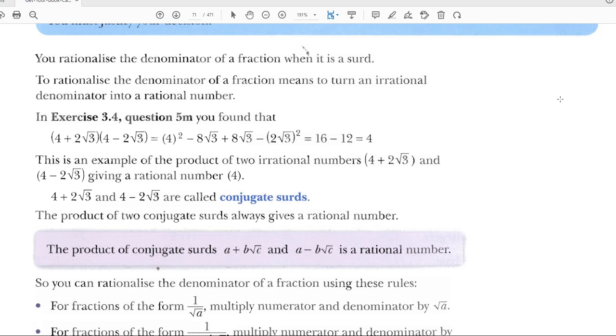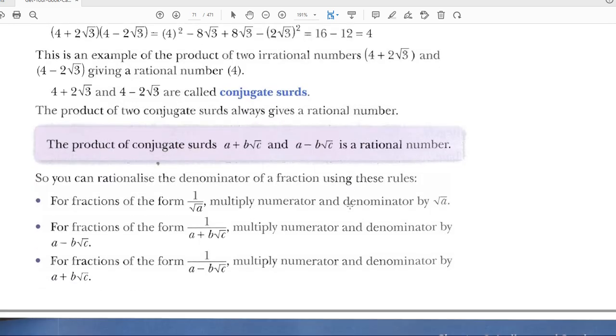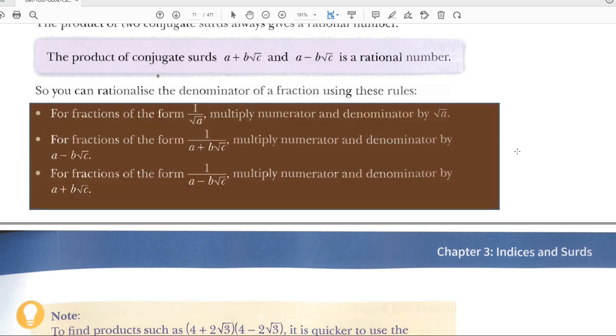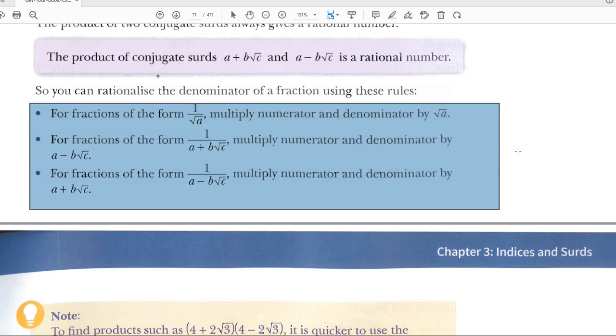Exercise 3.4 question 5 part M, you found that whenever you multiply 4 plus 2 root 3 and 4 minus 2 root 3, the answer is 4. Now you can see these 3 points. For fractions of the form 1 upon root a, multiply numerator and denominator by root a.